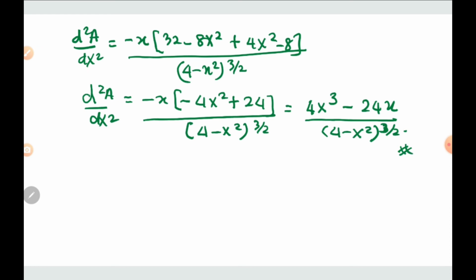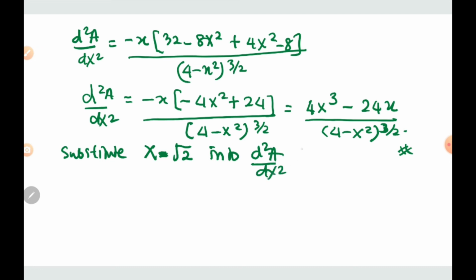After we get the second derivative, we will substitute the critical value that we have, that is x equals to root 2, into d squared A dx squared, and we want to show that after we substitute x equals to root 2, the answer is a negative value to get the maximum area.